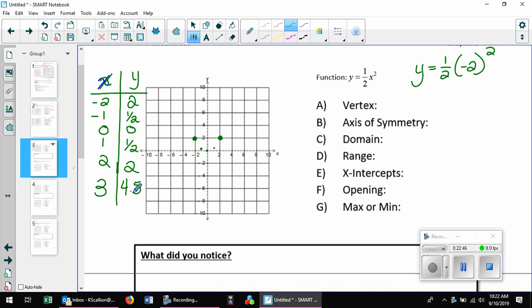So if I go to 3, 4.5. So -3 is also going to be 4.5. Okay. Not my best graph there, but you get the idea. And again, it should be connected with curved lines.